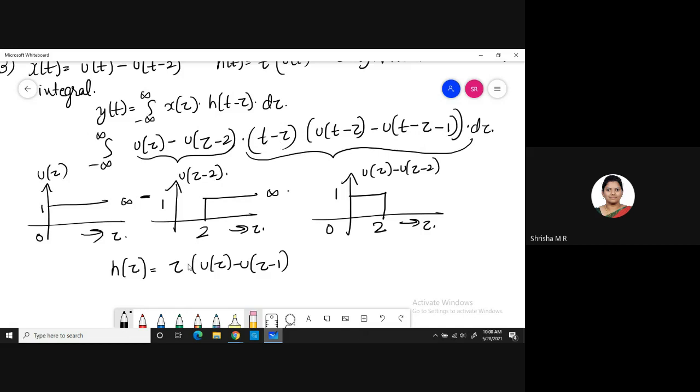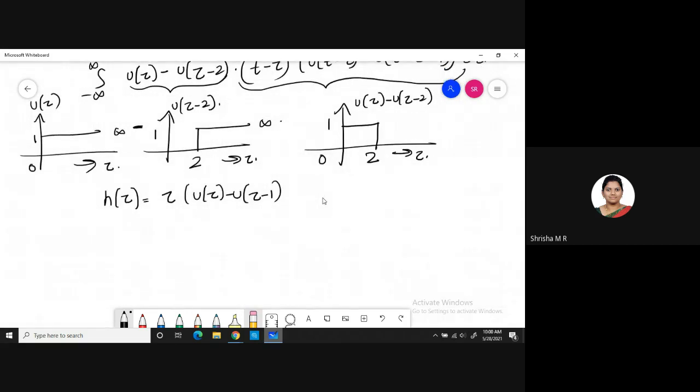So first we plot h of tau, then h of t minus tau. It will be easy. h of tau is u of tau minus u of tau minus 1, multiplied with tau. So first let us plot u of tau minus u of tau minus 1, then multiply with tau, then we'll plot t minus tau.